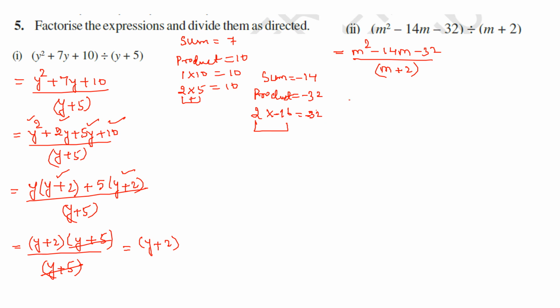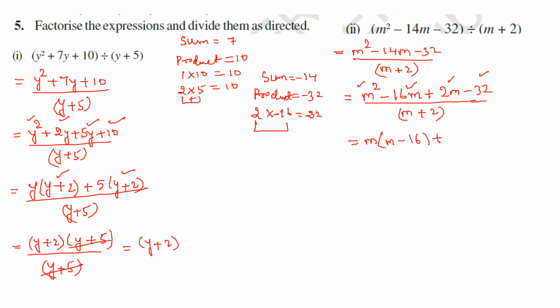So from here I can write it as m square minus 16m plus 2m minus 32 divided by m plus 2. Now I can take m common from the first two terms. Here and here you can see m only I can take common. So I'm left with m minus 16 plus. In the third and the fourth term I can take 2 common.